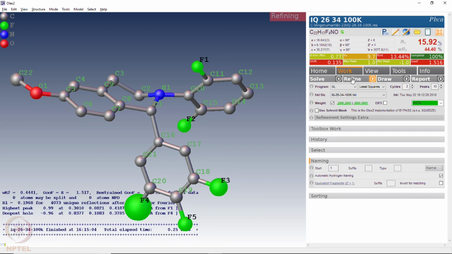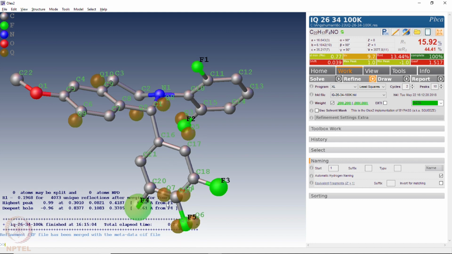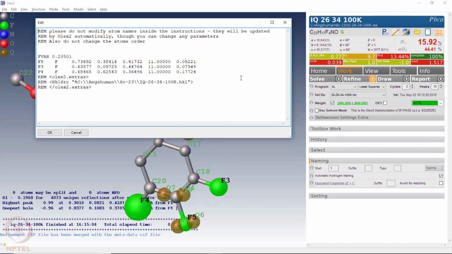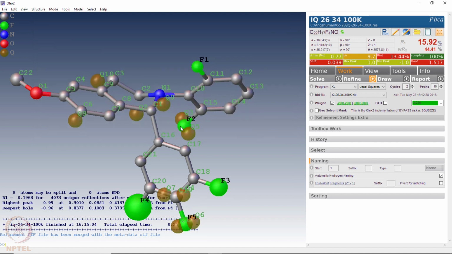And refine it once again, and then it is easy to see these thermal parameters, which is higher, which is lower. The thermal parameter of 4 is much higher, 5 is probably the correct one, 3 is also high. This indicates that there is some disorder there.